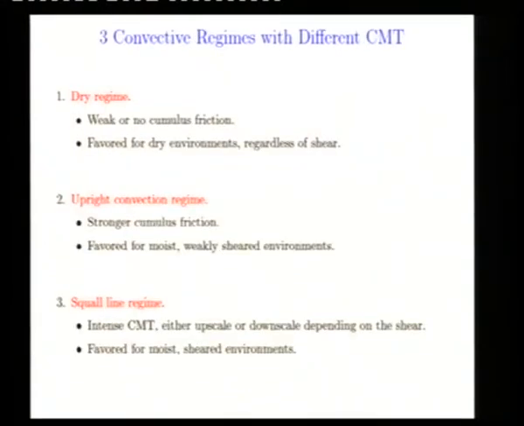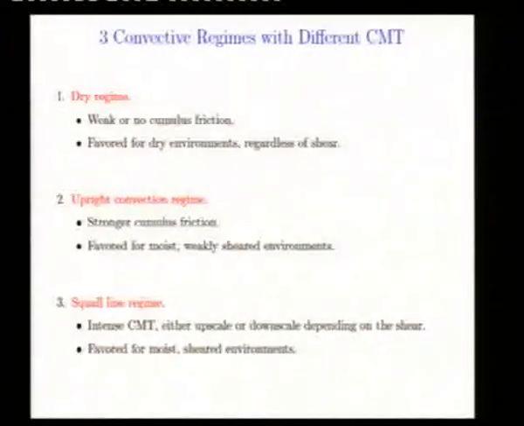Okay. So the way we're going to parameterize convective momentum transport in a simple stochastic way is to have three convective regimes. So in Boulem's talk a minute ago, they had different cloud types that the atmosphere could be in. Now we're going to assume that a grid box could have a different convective regime. So it could be a dry regime with no clouds, so then there should be no effect of cumulus friction or convective momentum transport at all.